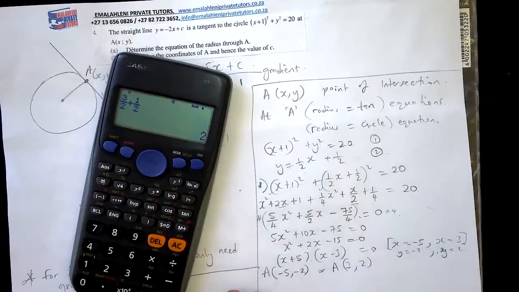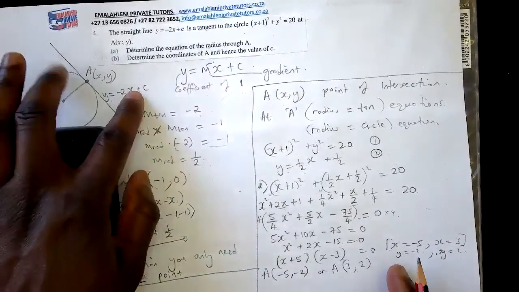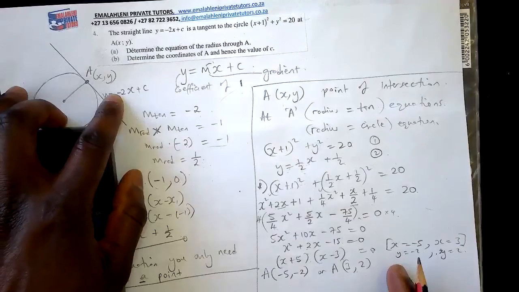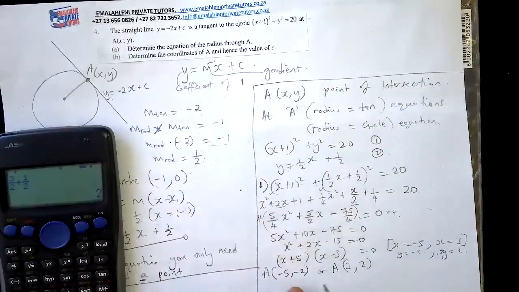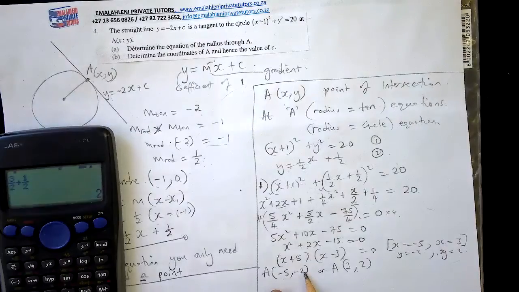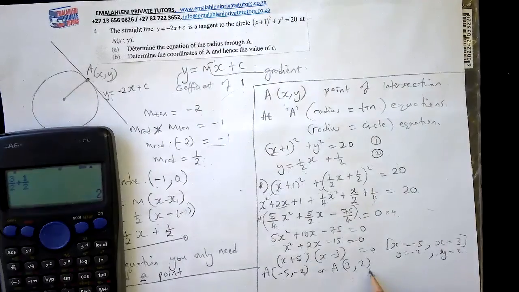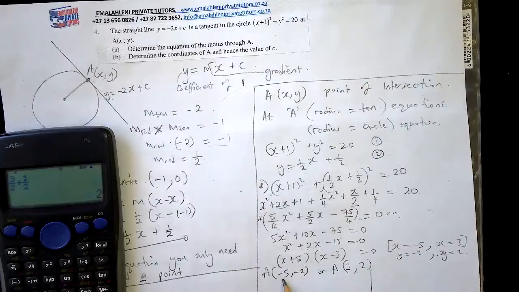Okay, now I want to find out what C will be. In the equation y equals negative 2x plus c, to find c we just substitute the values for both x and y. So for this coordinate, what do we get?